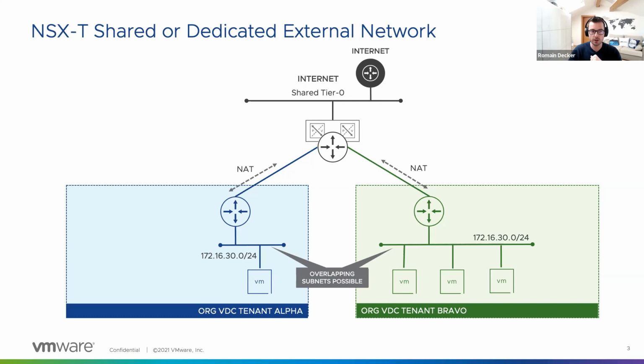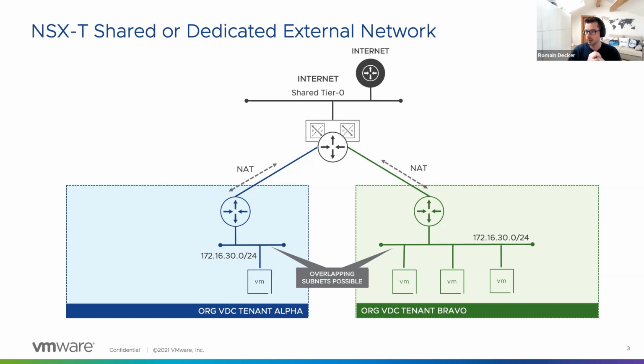If you need egress access, for example to access the internet, you do a source NAT using one or multiple IPs. And if you want to access a web server, you do a destination NAT. So that concept of a shared T0 was introduced in 10.0.